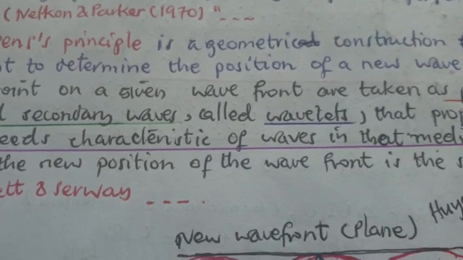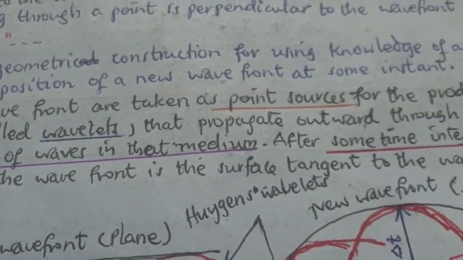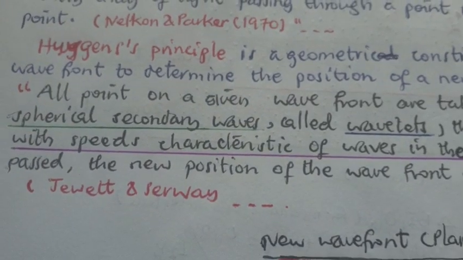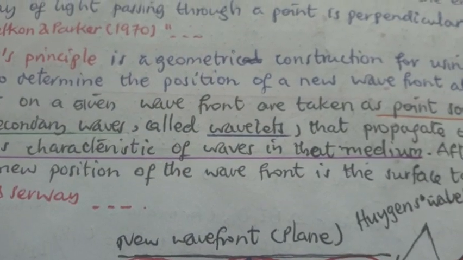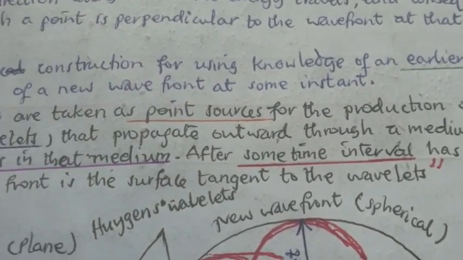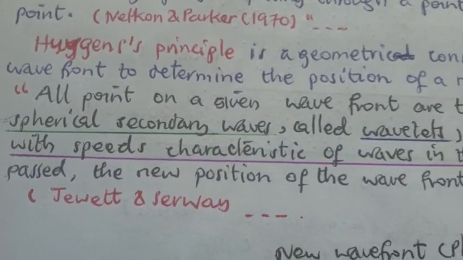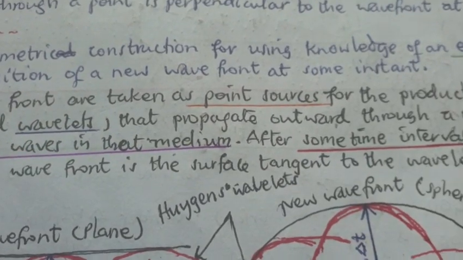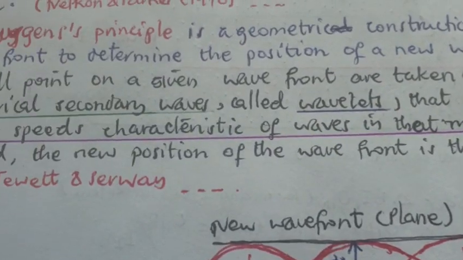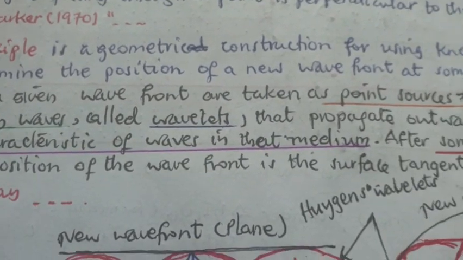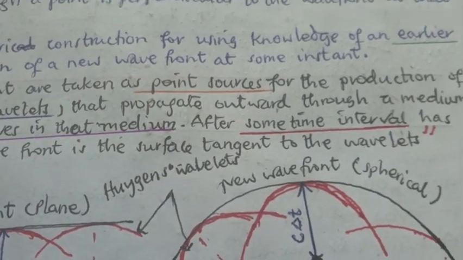All points on a given wavefront are taken as point sources for the production of secondary spherical waves, called wavelets, that propagate outwards through a medium with the speeds characteristic of waves in that medium. After some time interval has passed, the new position of the wavefront is the surface tangent to the wavelets.